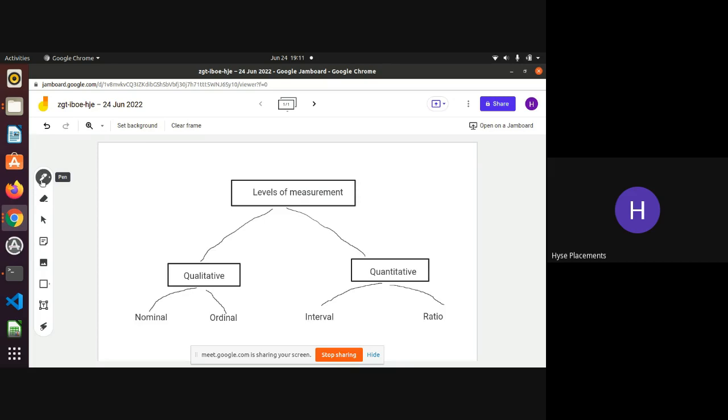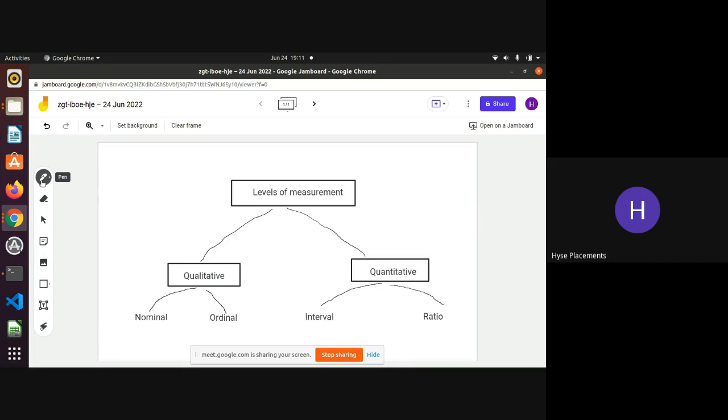So in India, the seasons are ordered in this way. But if you change the geographical location, if you're in America, the seasons vary there. So that means they are not in a proper order. That's why those are called nominal data points.